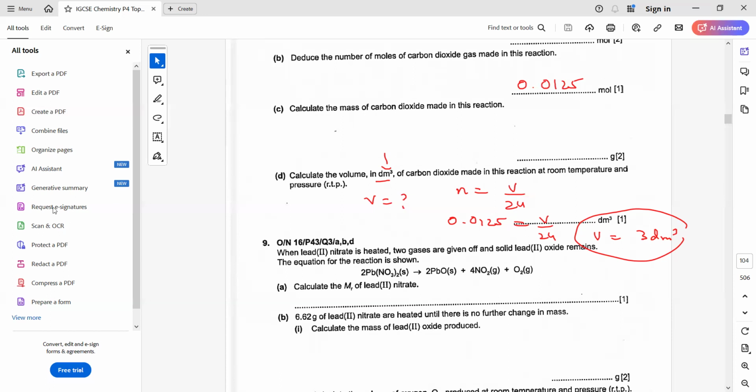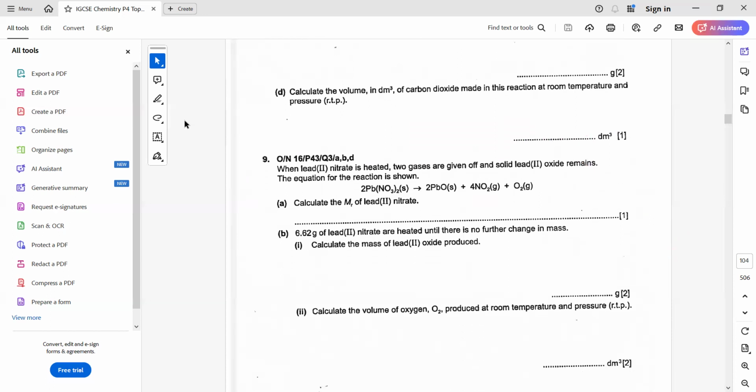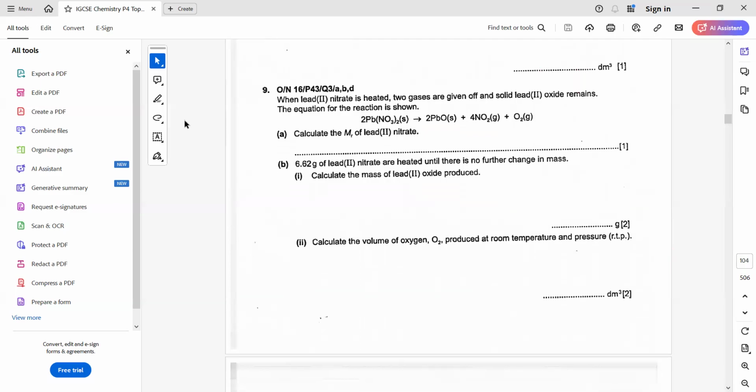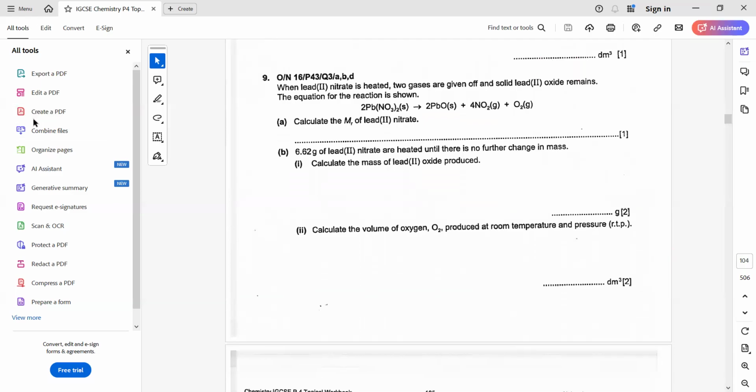Now let's move on. Would you be able to try this by yourself? Question 9. I'll give you the Mr values so you don't feel anything is difficult. And I'll wait for you guys to answer it in the chat box. For lead, we have Ar 207, nitrogen is 14, oxygen is 16. You have to do part A, B1, and B2.